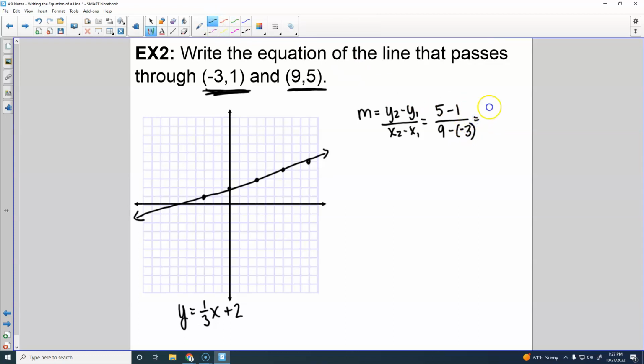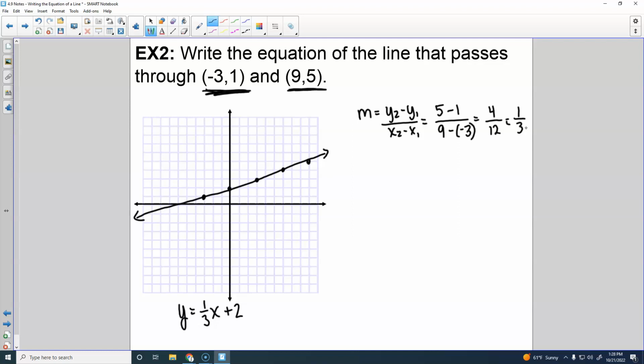Okay, so that is going to give me 4 over 12, which is not 3. Oh wait, no. That's 1 over 3. Yeah, 1 over 3, which confirms what we saw from the graph, right?